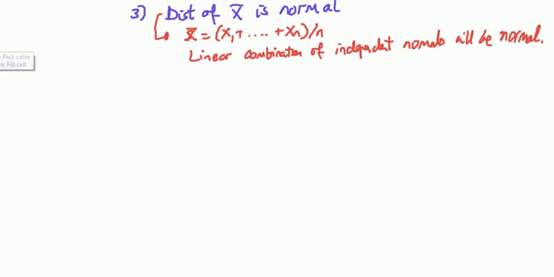Okay, let's do the first one. Let's state what we want to do: we want to show that the expected value of x bar is mu. What do we know?